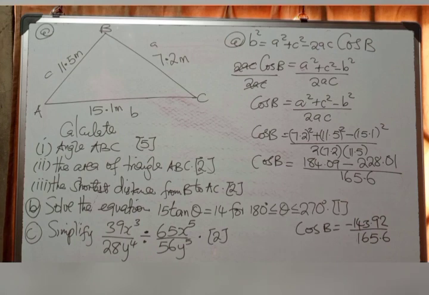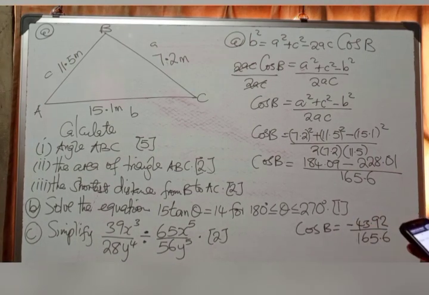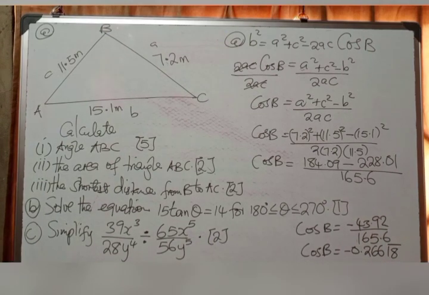Actually it is not 143, but just 43. So it will be negative 43, and the answer we have divided by 165.6. So we are getting cos B is equal to negative 0.266, recurring 18.